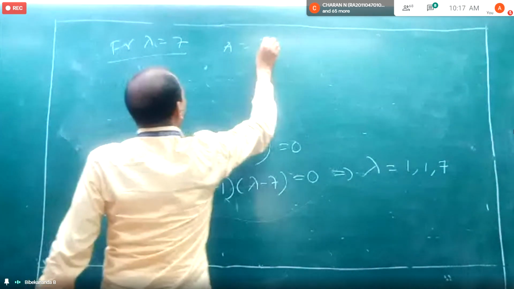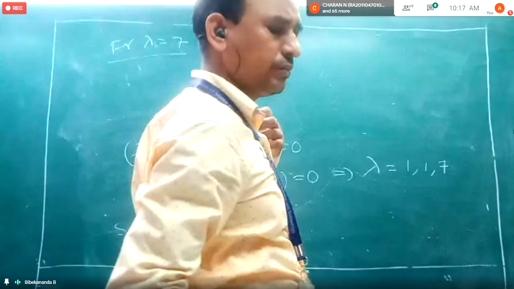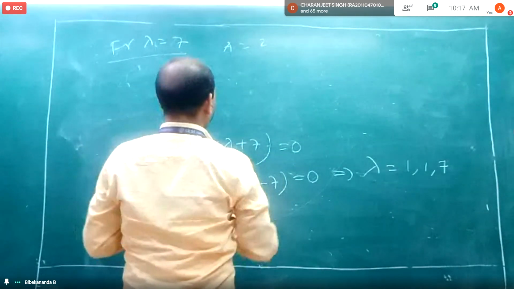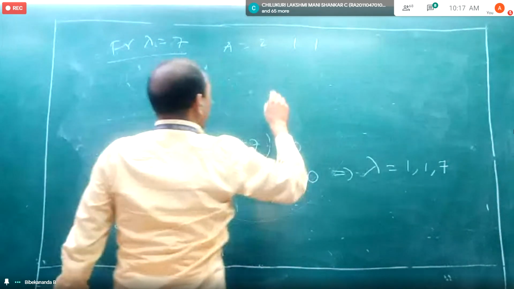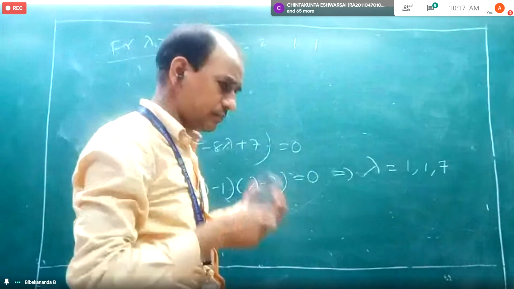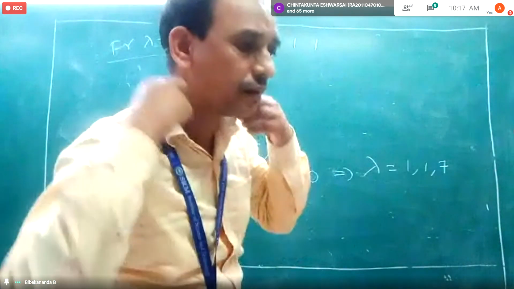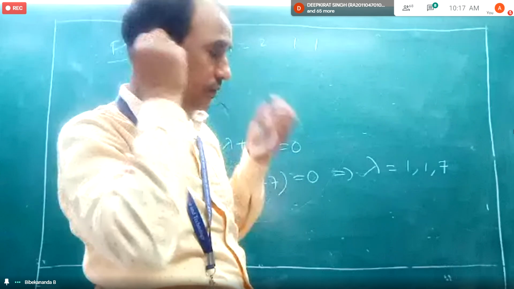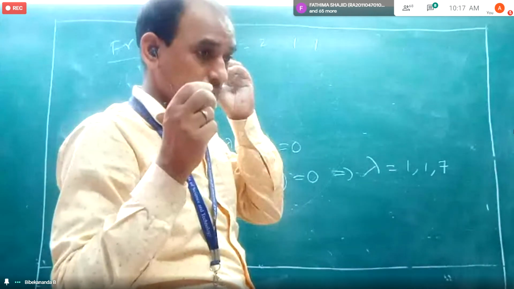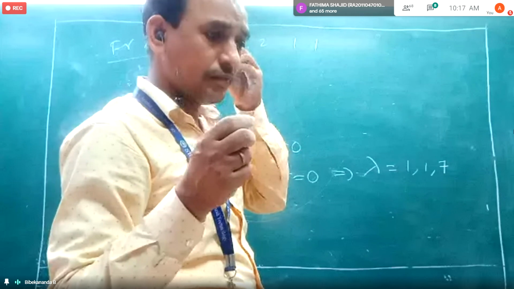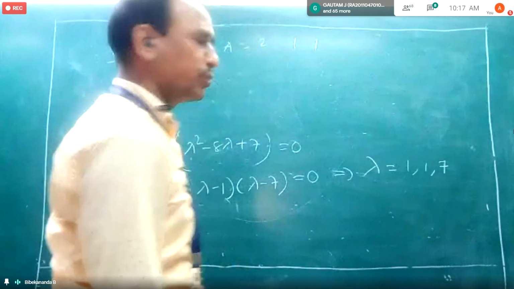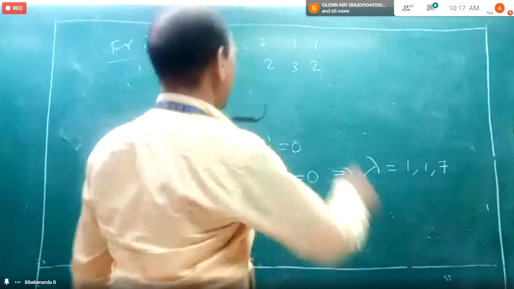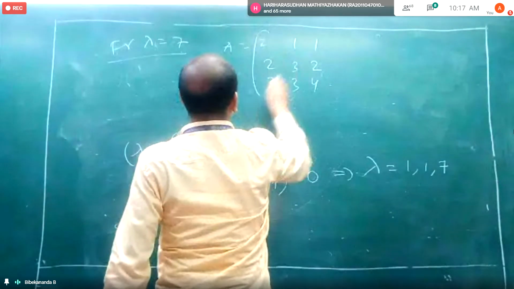Matrix A is 2, 1, 1; 2, 3, 2; 3, 3, 4. This is the matrix.